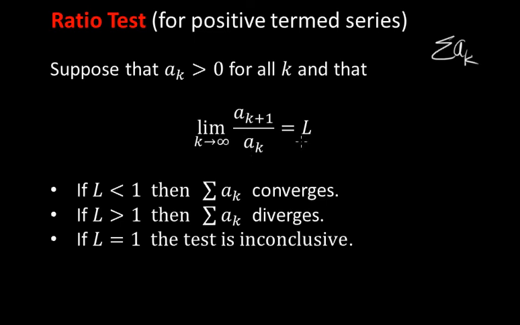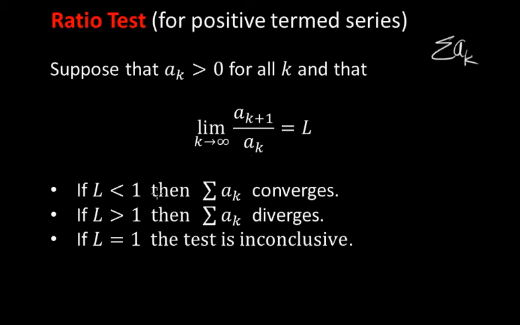If the term divided by the one before it has a limit which is less than 1, then the series converges. If it has a limit that's greater than 1, then the series diverges. And if it has a limit that's equal to 1, the test didn't work. It doesn't mean anything. You have to try something else.